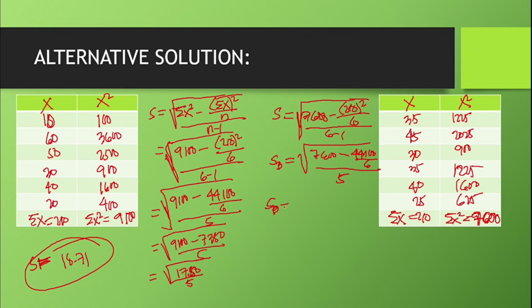So our standard deviation for B is the square root of 7,600 minus 7,350, which is 44,100 divided by 6, we have 250, and this is overall over 5.